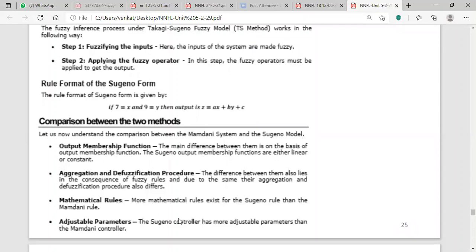Okay, but it is not the case in the Sugeno controller. In Sugeno controller, we are using more number of rules.